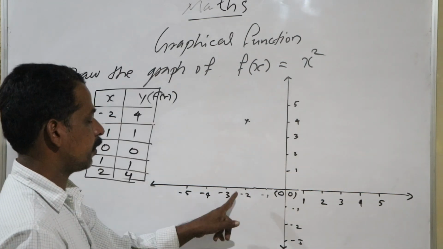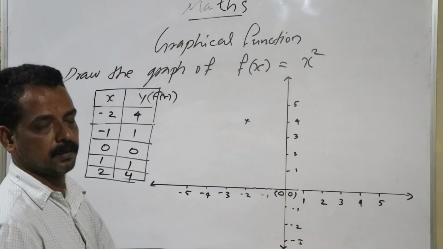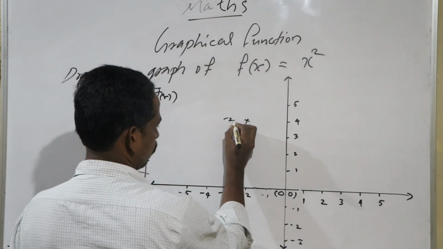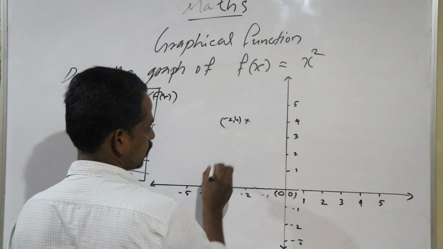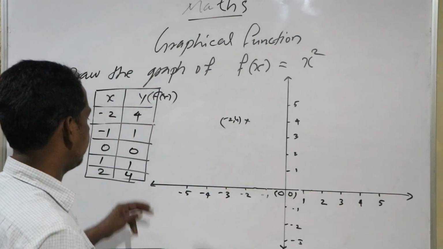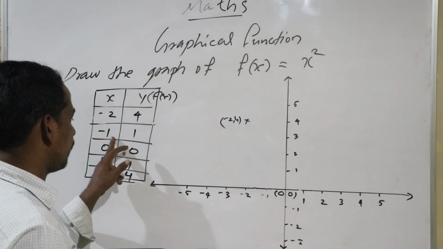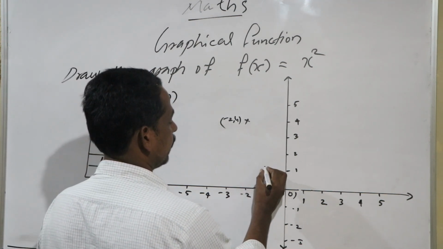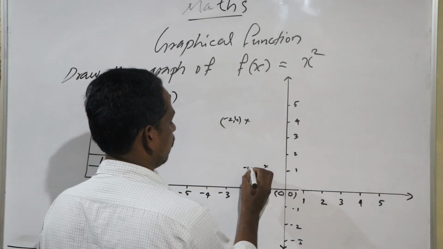The perpendicular from -2 and the perpendicular from 4 meet here. This is -2, 4. And then we must find out -1, 1. Minus 1 here, 1 here. Here means -1, 1.